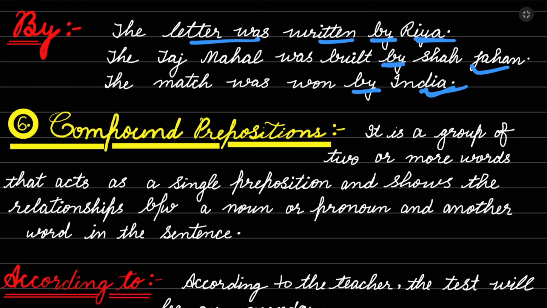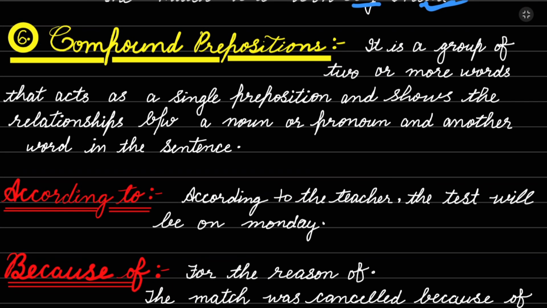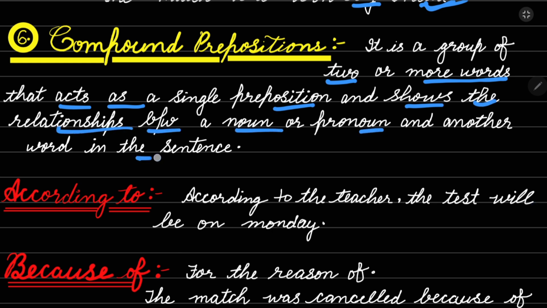The last is compound preposition. It is a group of 2 or more words that act as a single preposition and shows the relationship between a noun or pronoun and another word in the sentence. Okay. Compound preposition is made up of 2 or more words and they work together.